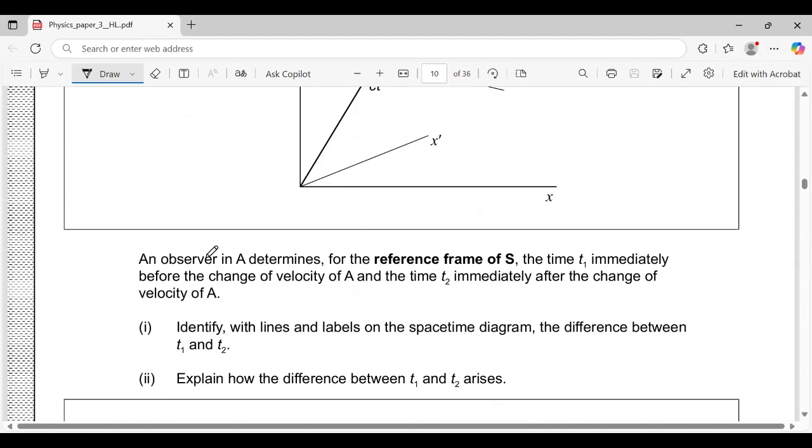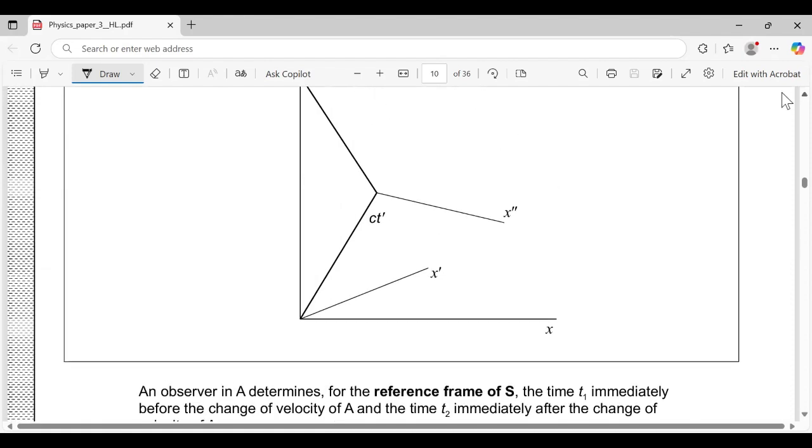An observer in A determines for the reference frame of S the time t1 immediately before the change of velocity of A and the time t2 immediately after. Identify with lines and labels on the space-time diagram the difference between t1 and t2.